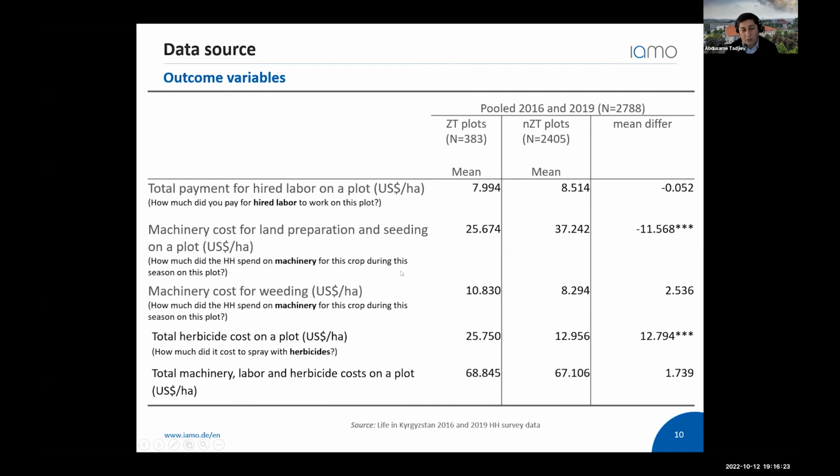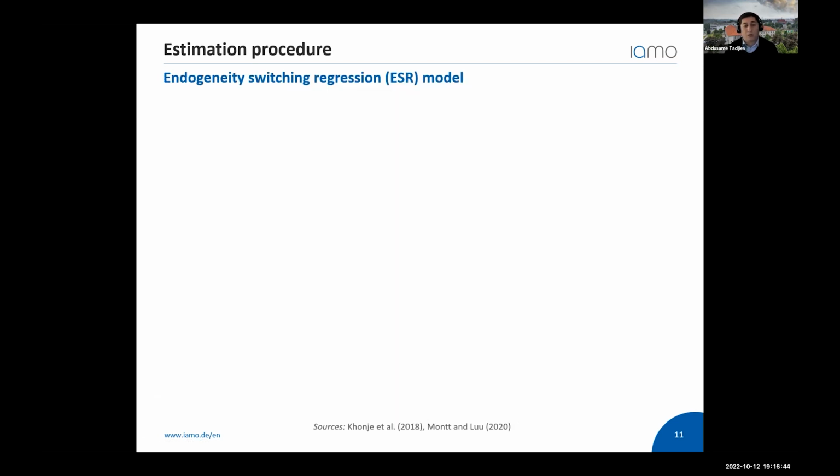These are the main descriptive statistics of the outcome and explanatory variables, but to better understand the relationship between zero tillage adoption and these outcome variables, these production inputs, we use an econometric model, a regression model. We use a 2-stage endogenous switching regression model.